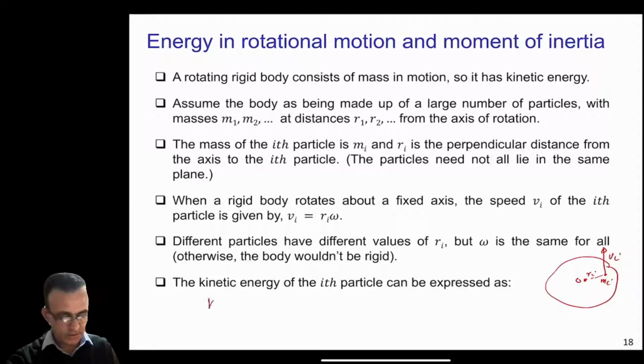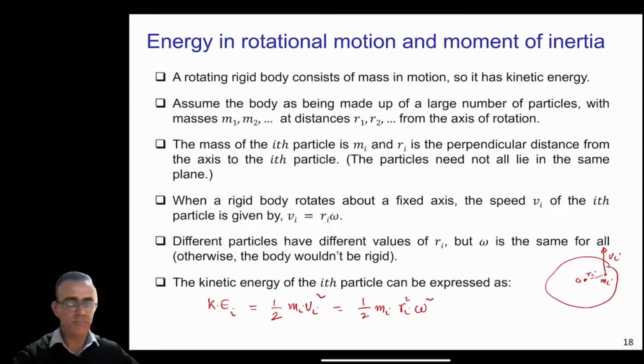So the kinetic energy of this one particle will be equal to half mi vi square, and vi is equal to ri omega, so half mi ri square omega square. So this is the kinetic energy of just one particle.